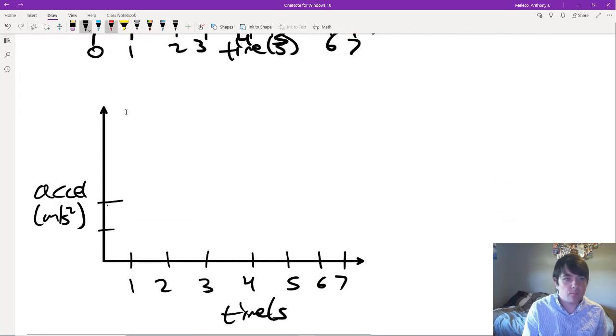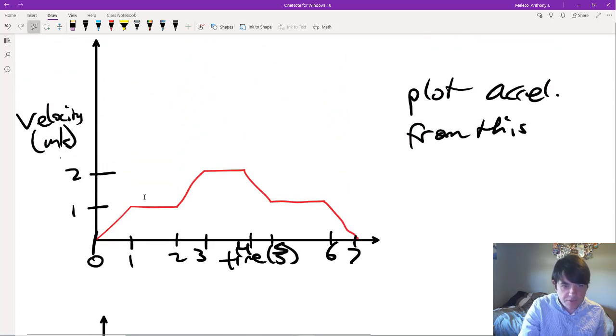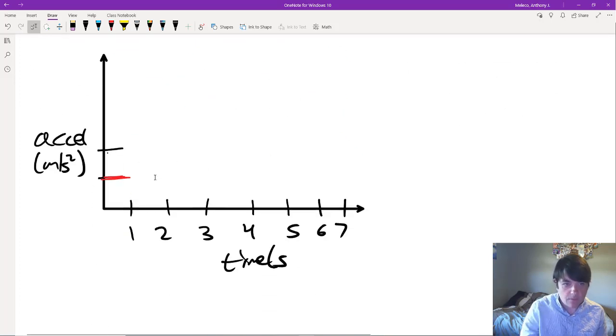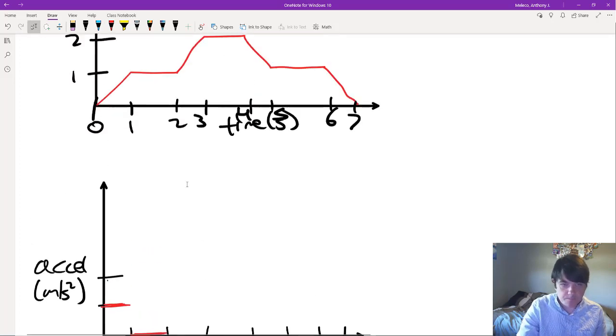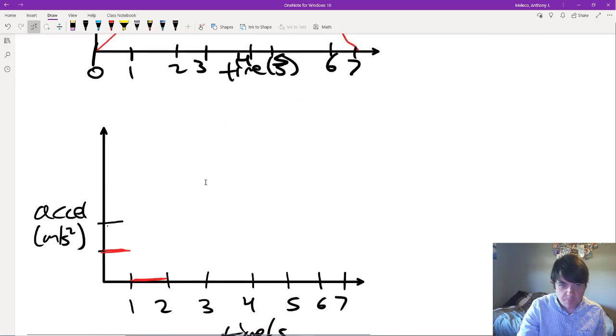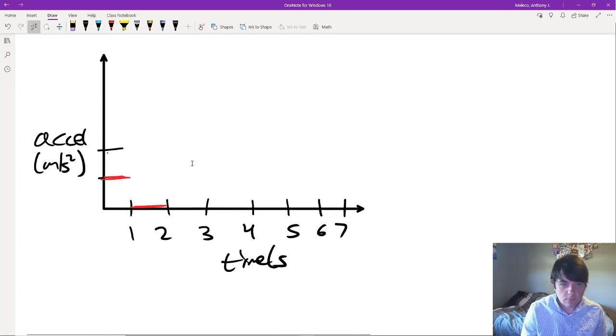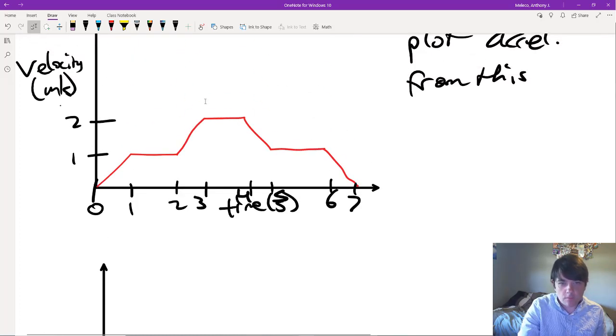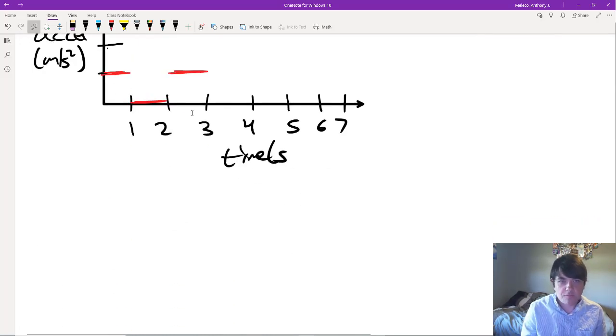So that means our slope for that is just a line. The next one, we have a slope of 0. It's a horizontal line. And I'll talk about this break in a second. The next one, it's up 1 again. And then from 3 to 4, it's another horizontal, so it's flat.